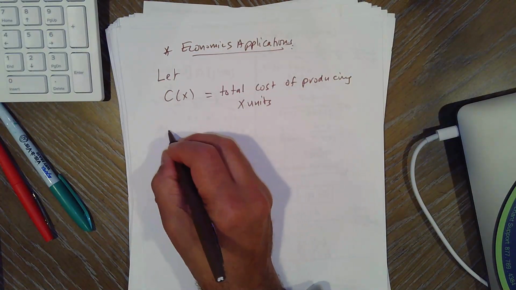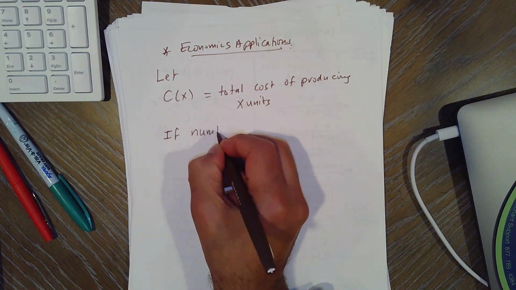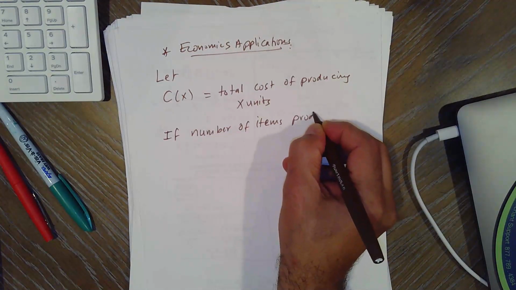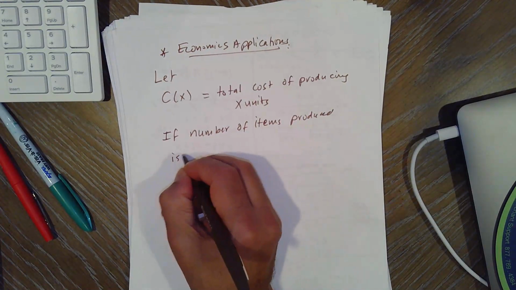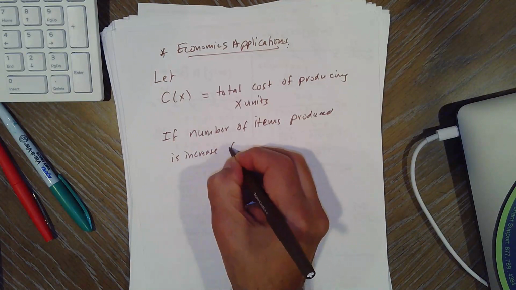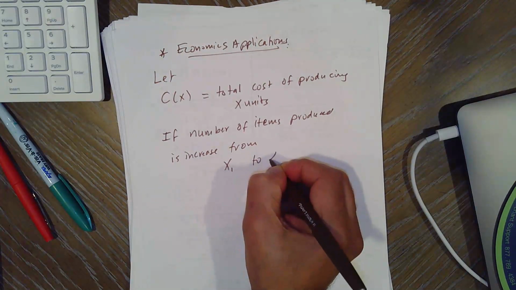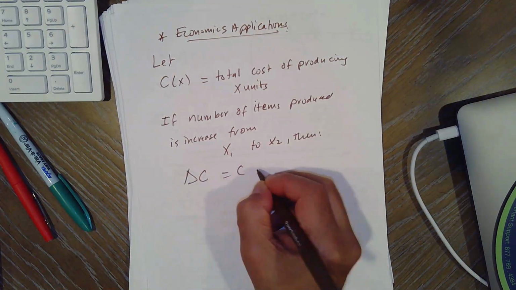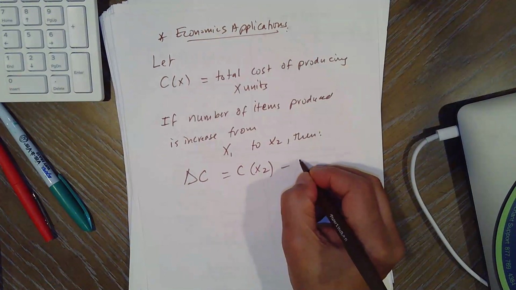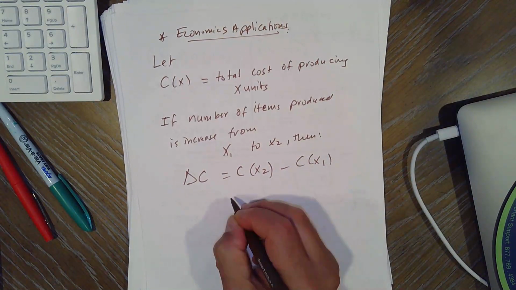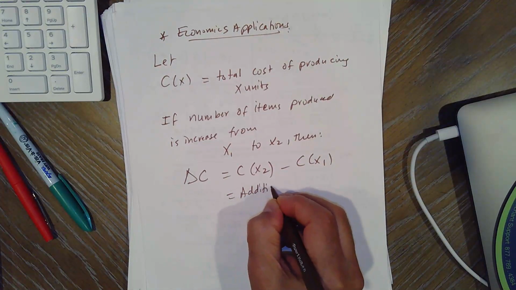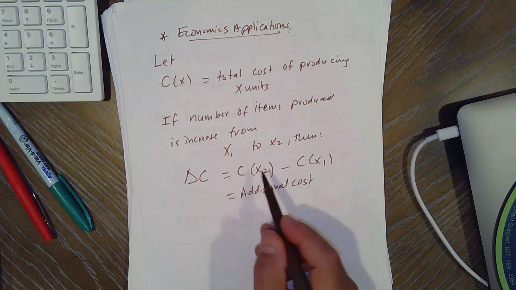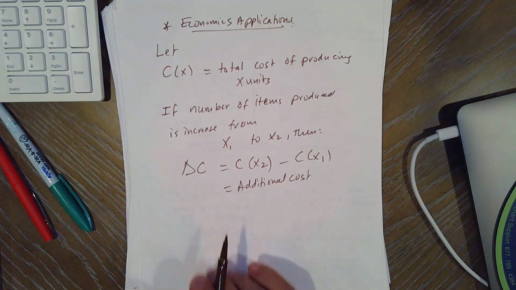So if the number of items produced is increased from, say, x1 to x2, then delta C, which is the difference in the cost of that increase in items, is called additional cost, right? Because you were producing at C of x1, now you're producing at C of x2, so that's additional cost.